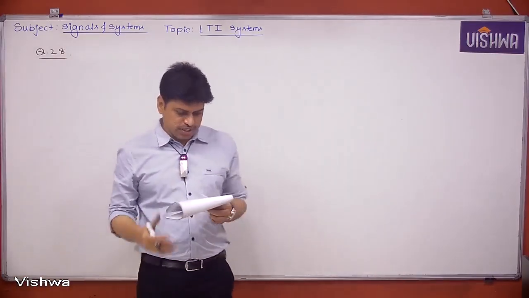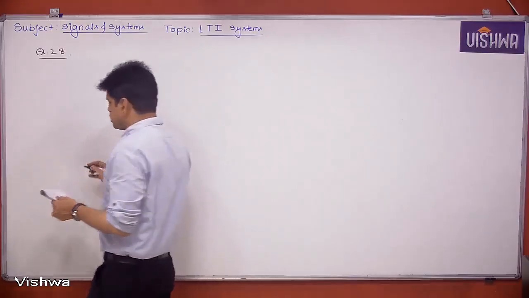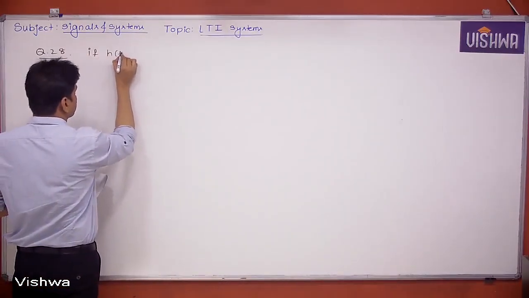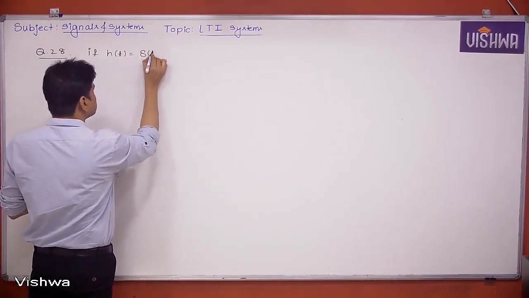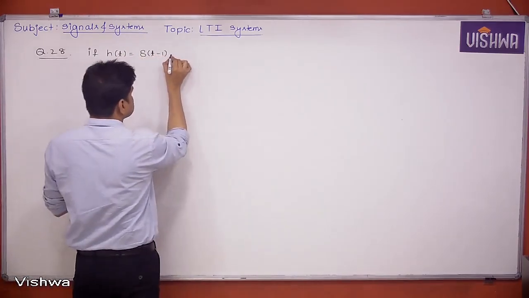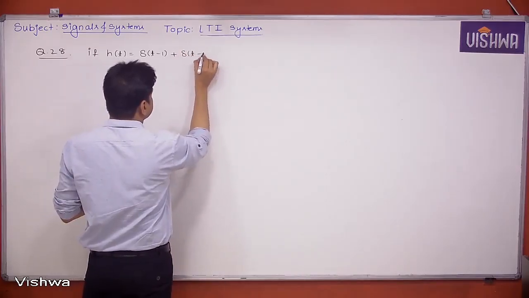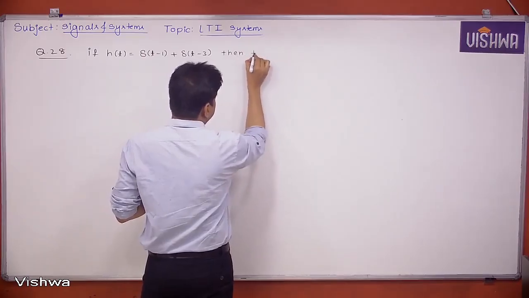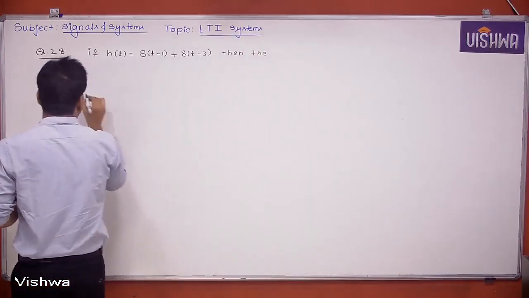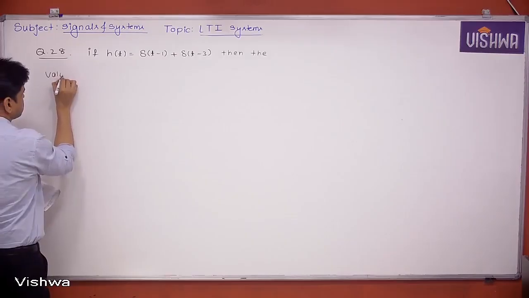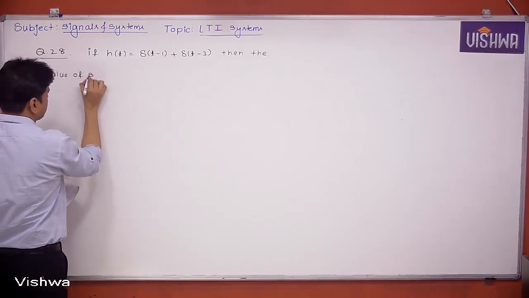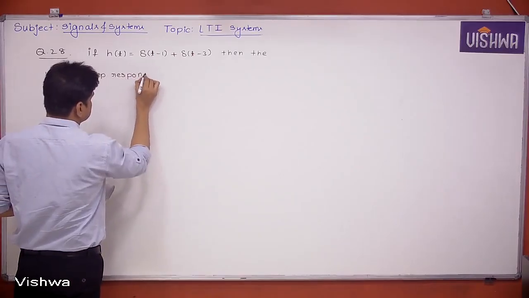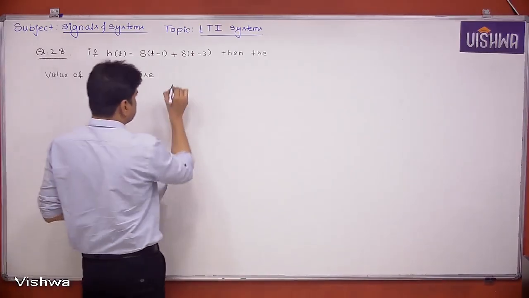Question number 28. What it is saying is that if h of t is equal to delta t minus 1 plus delta t minus 3, then the value of step response at t is equal to 2 is?